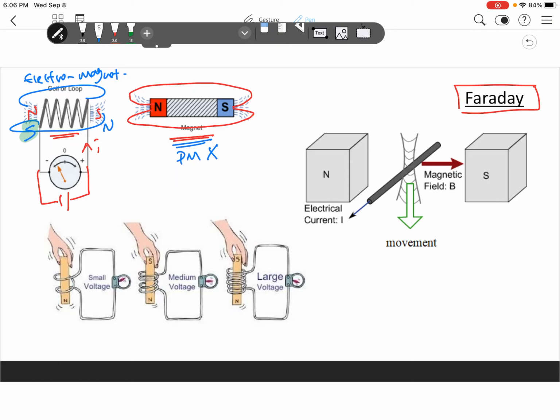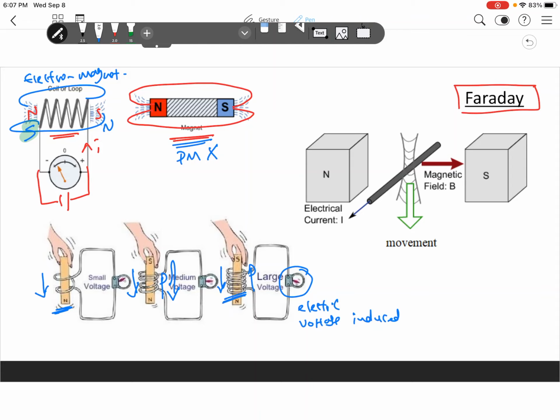If you have a permanent magnet like this and you start just moving it through the coil, up and down, he just noticed that this coil will have an electric voltage induced on it. That means this movement of the permanent magnet, or this magnet inside the coil up and down, will basically generate electricity on this coil.